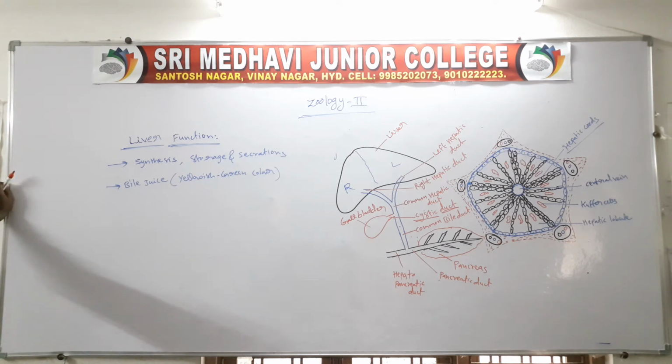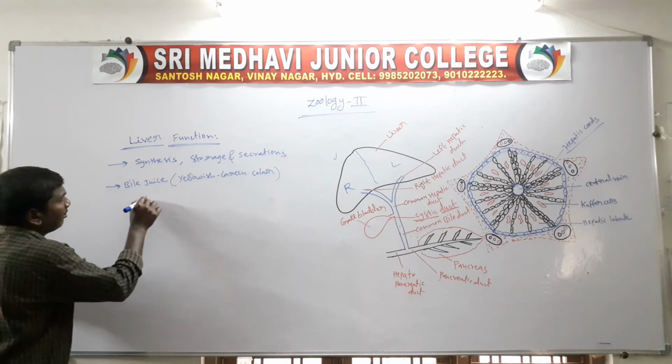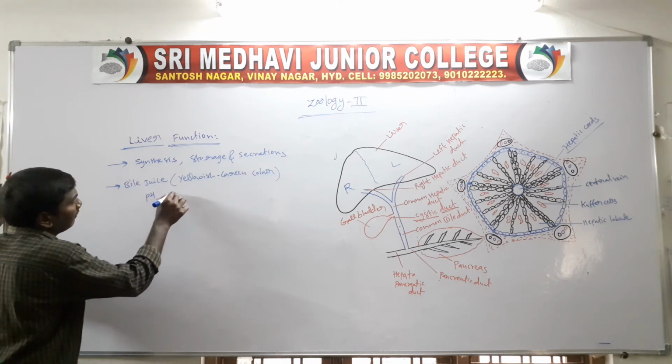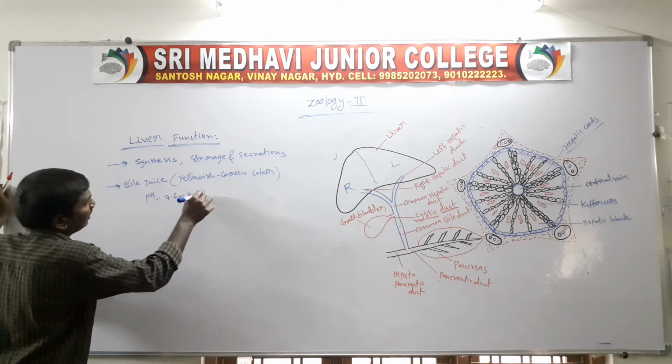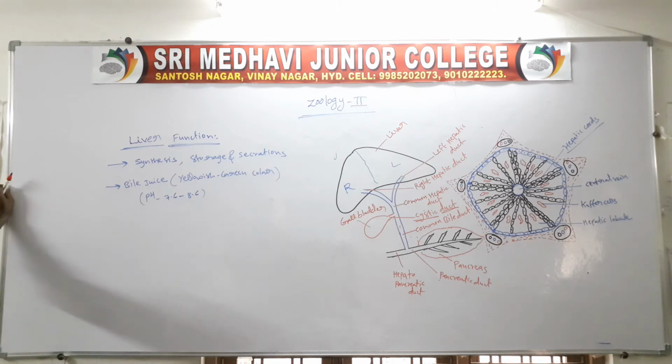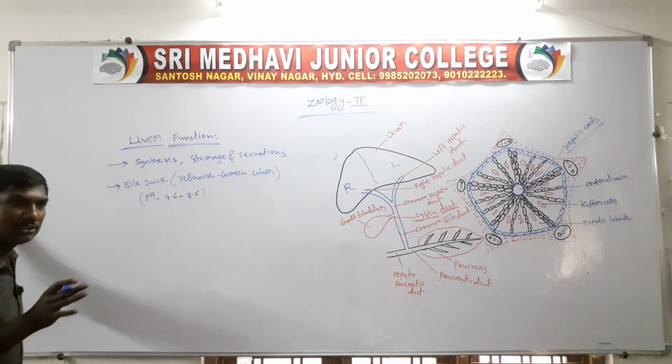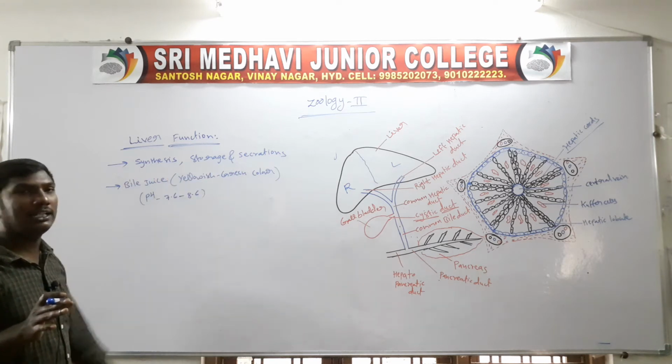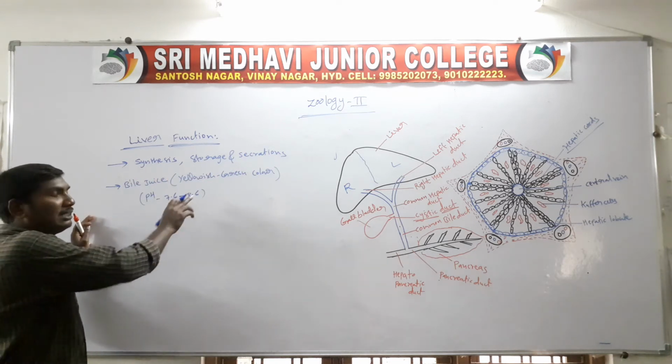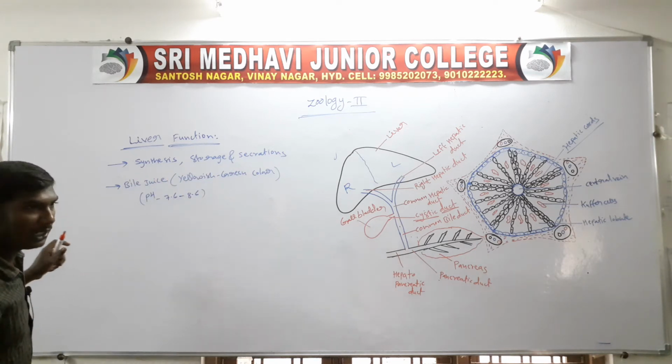Next one, the pH. The bile juice pH is 7.6 to 8.6.